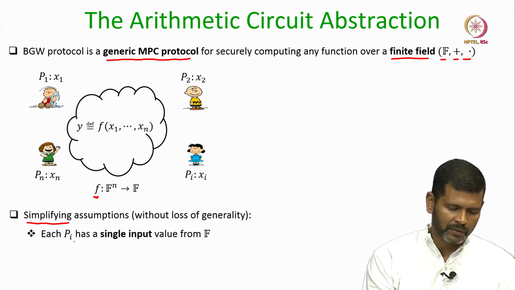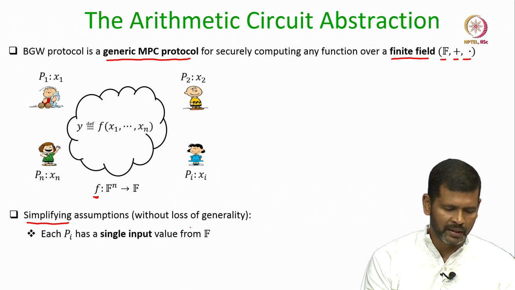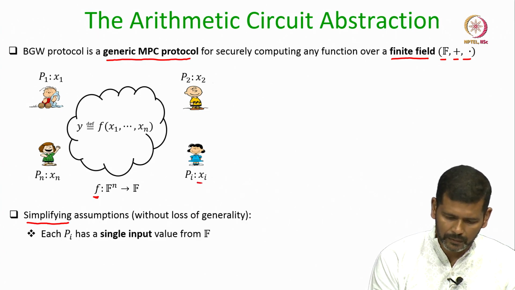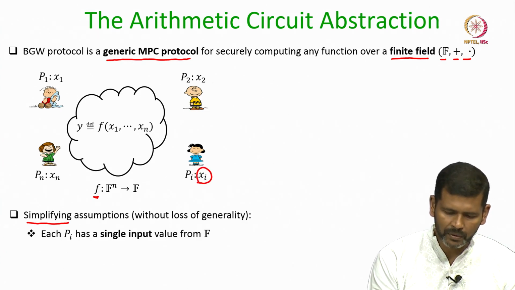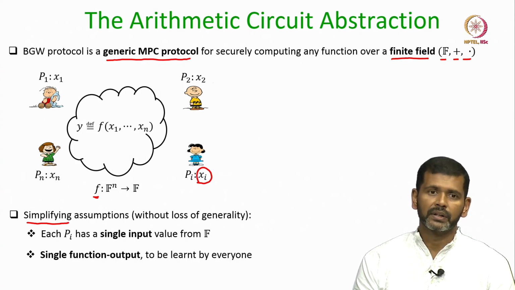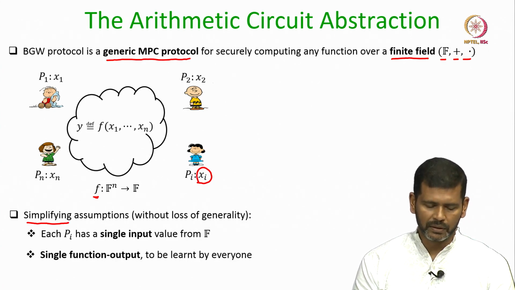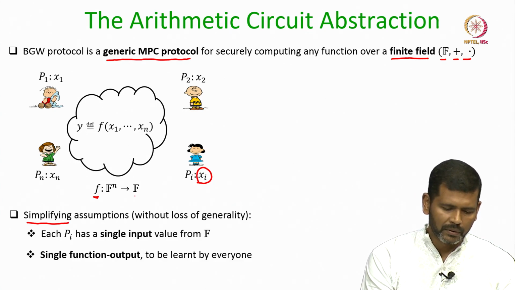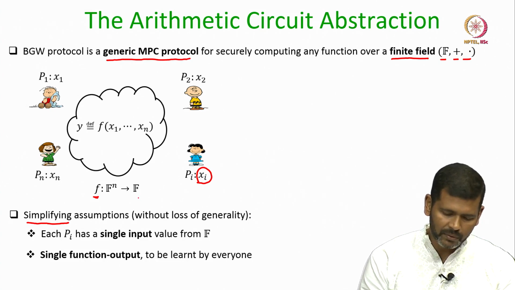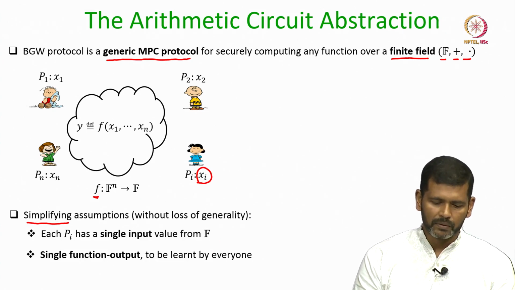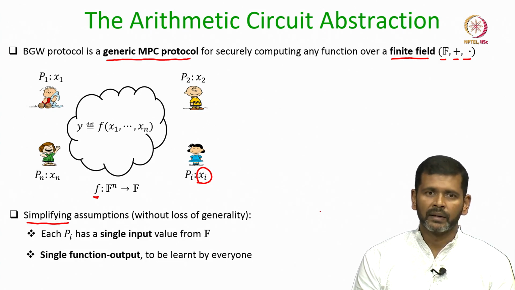So, the input of the ith party will be some field element xi, which will be a private input known only to the party Pi, and the function is a single output function. That function output is supposed to be learned by everyone. Okay. So, these are two simplifying assumptions.